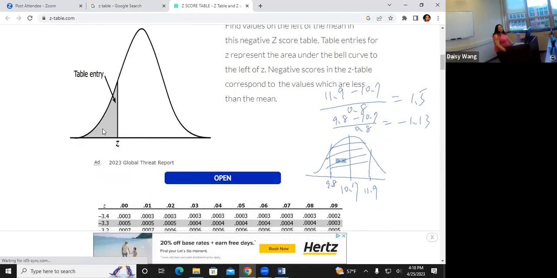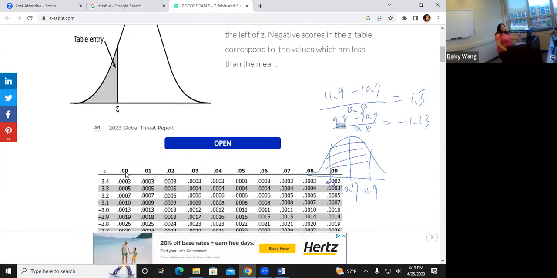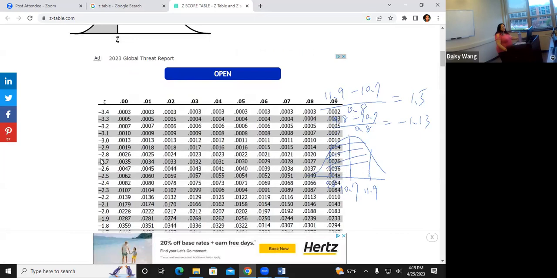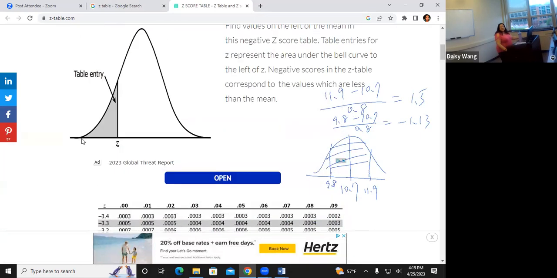Here they give you the z-scores, and this one actually gives you the negative side, because it's on this side.